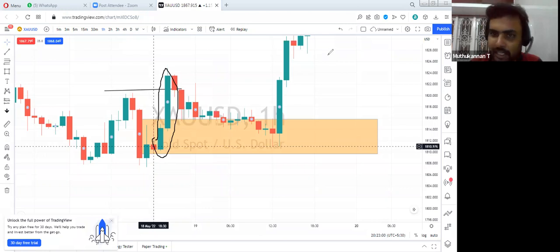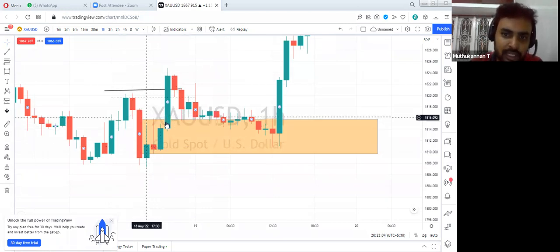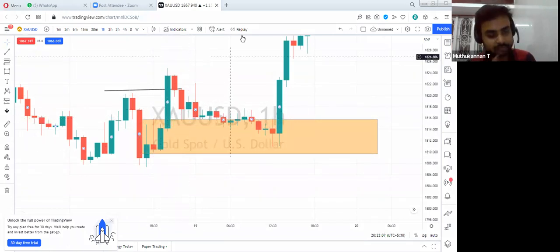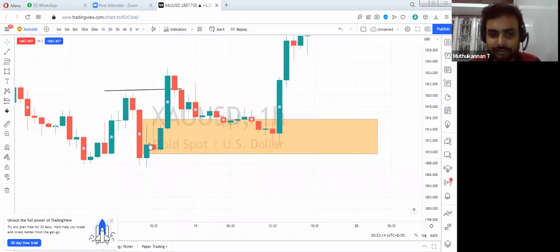Tell me guys honestly, I need an honest answer from everyone. When you see this strong up movement, will you buy or not? Everyone would have done that, right? I'm seeing a very strong bullish movement.